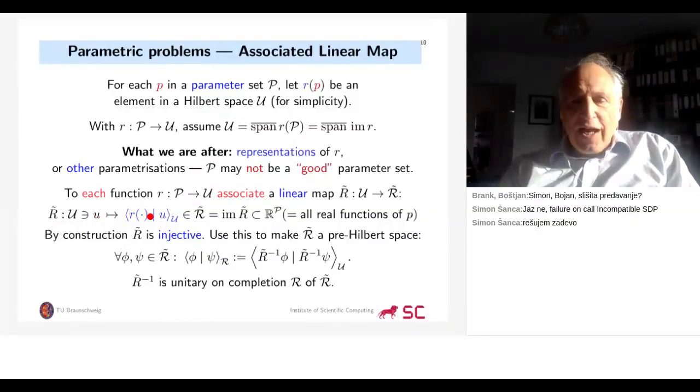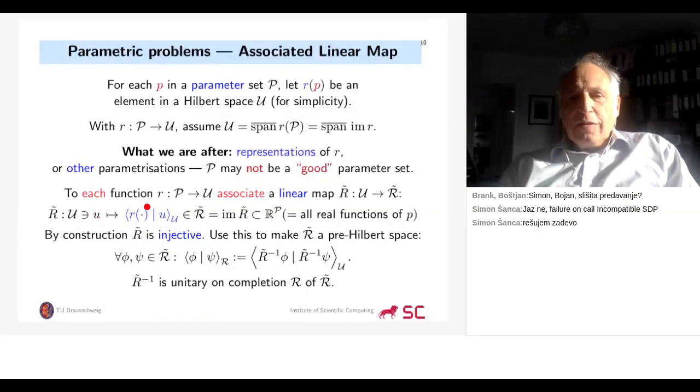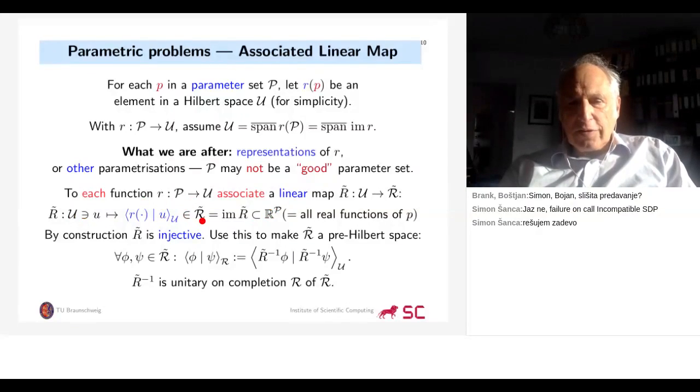Of course, this gives a scalar random variable. In our case, it gives a function on P, so an object in here. And then of course, because this is a subspace, this maps onto a subspace, which we call R tilde. These are all the real functions of P which are hit by this mapping here.